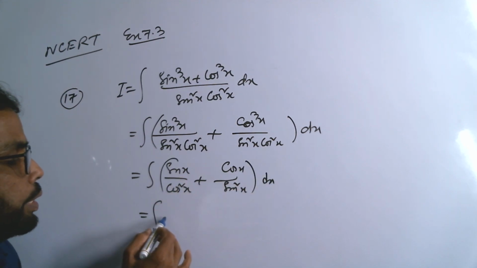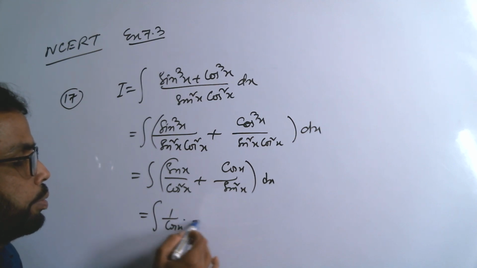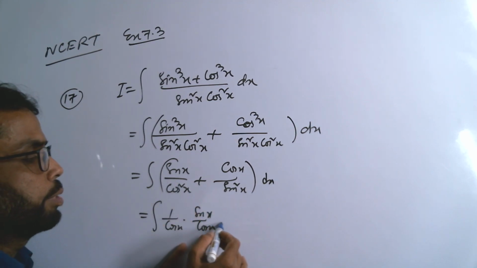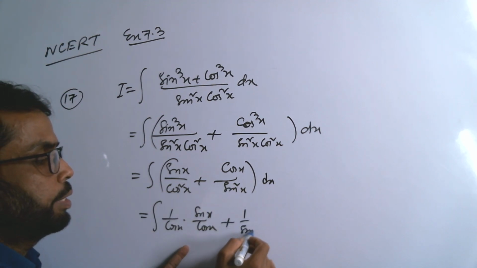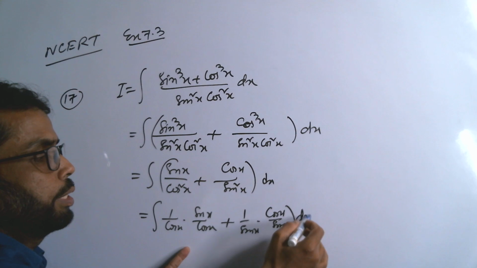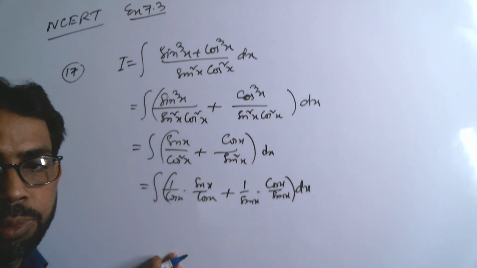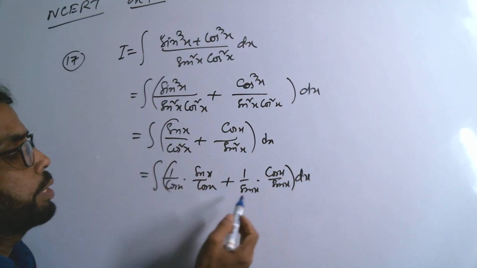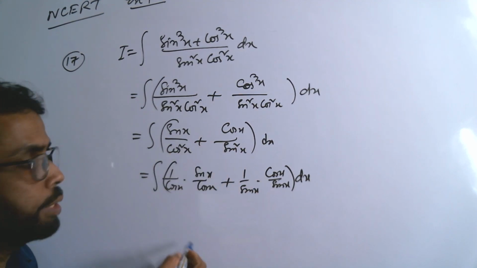Now we can write it like this: 1 by cos into sin by cos. Here we can write 1 by sin into cos by sin. We are just doing simplification. Now cos into cos is cos², so it is correct. Here also sin into sin, sin², so it is correct.